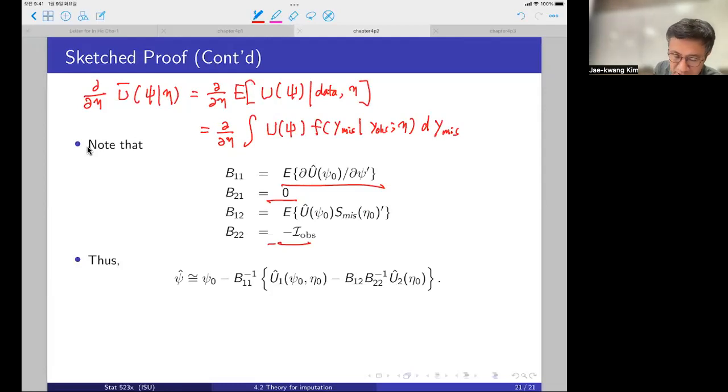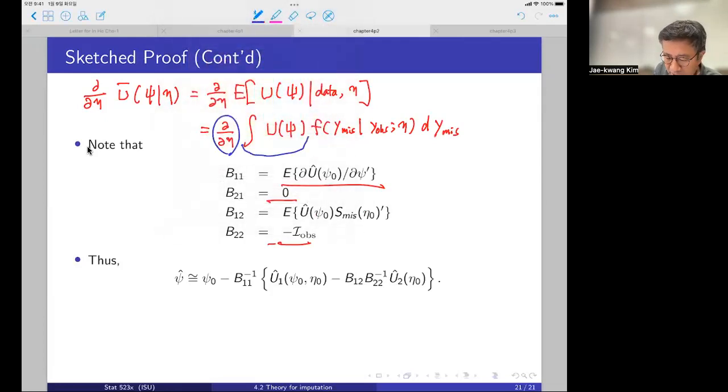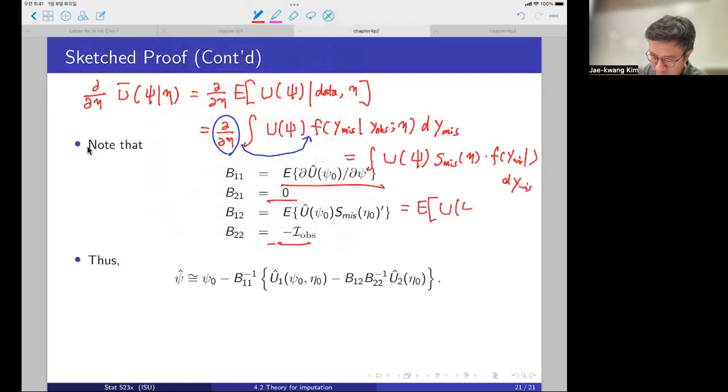Then this derivative can go inside and apply to the density function, which actually becomes the score function corresponding to the density, which is S_miss(eta). So that is actually the expectation of U psi times S_miss.